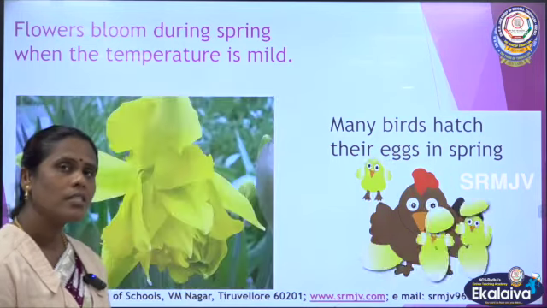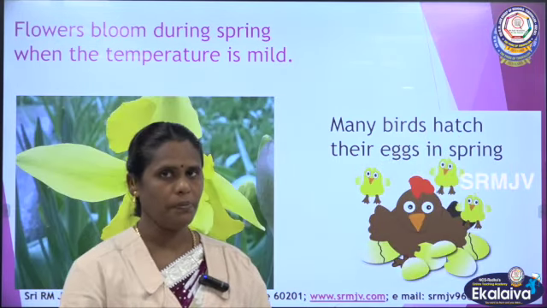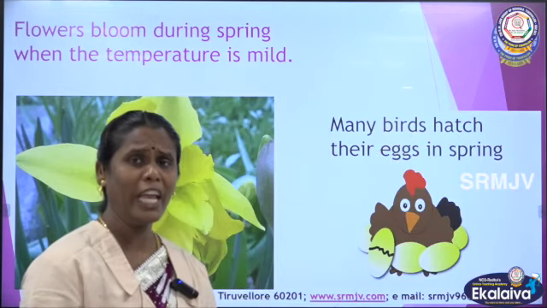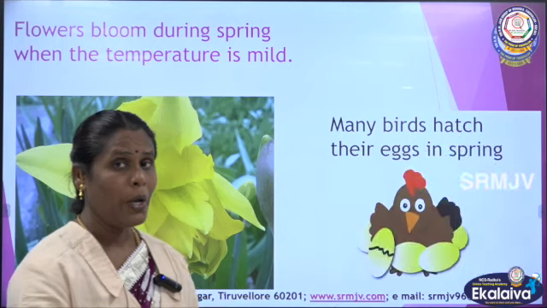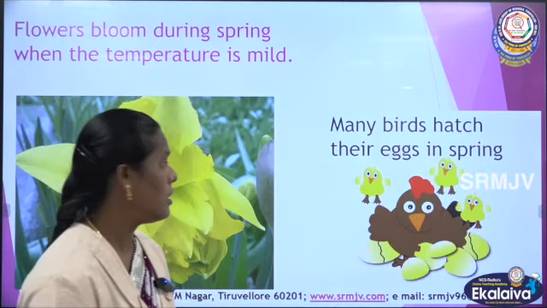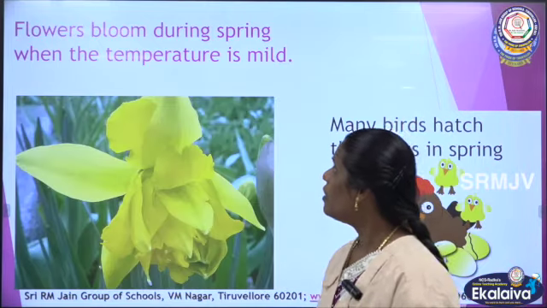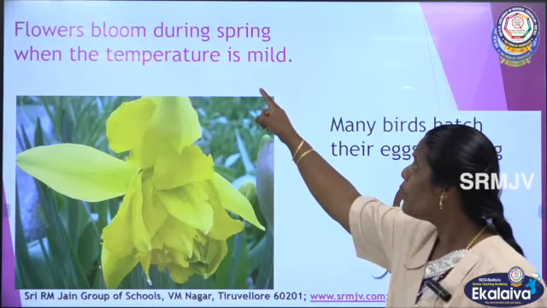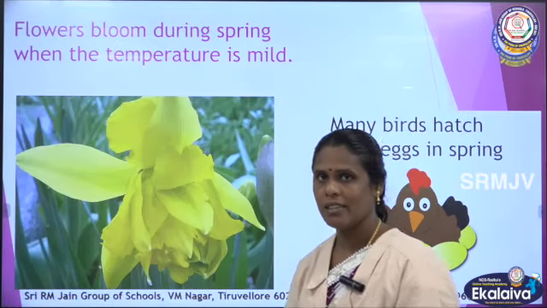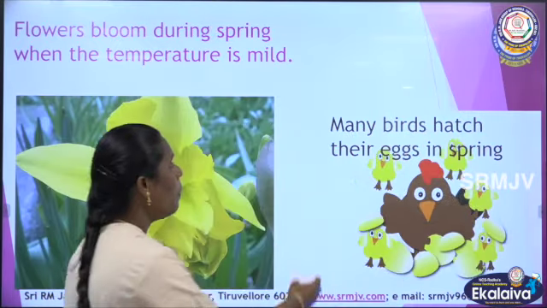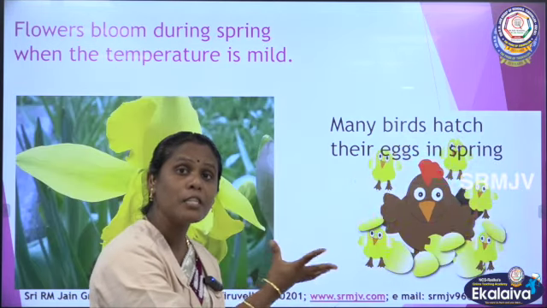Let me say some examples of how the abiotic components help the biotic components. You see, flowers bloom during spring when the temperature is mild. Then many birds hatch their eggs in spring.